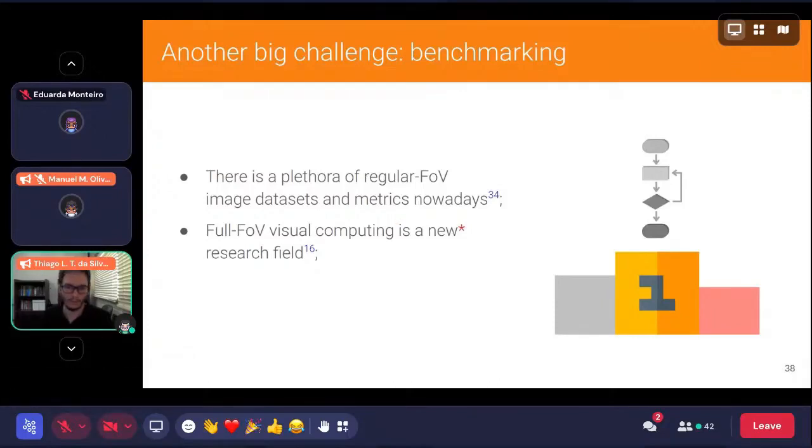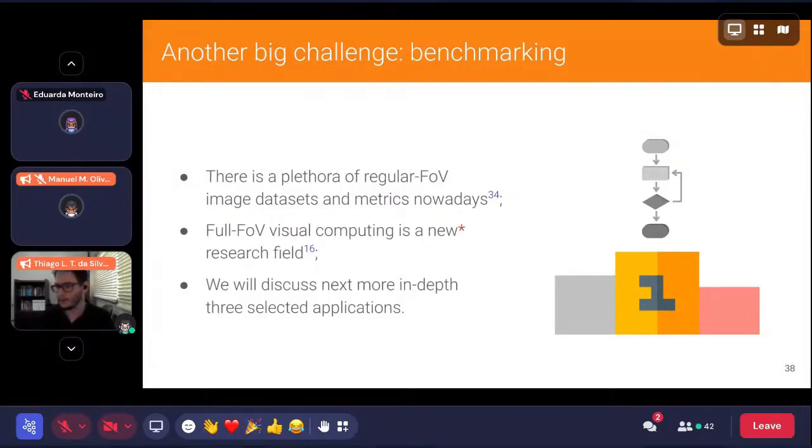So there is no consensus that metric A is better than another metric, and it's complicated to compare different methods and different applications using spherical images. We hope this changes in the next few years, and the area can be better explored.